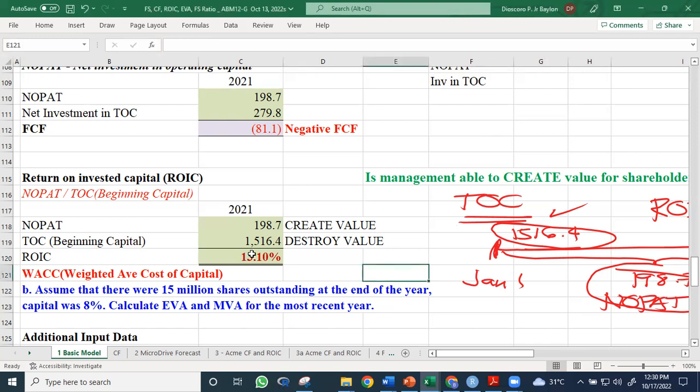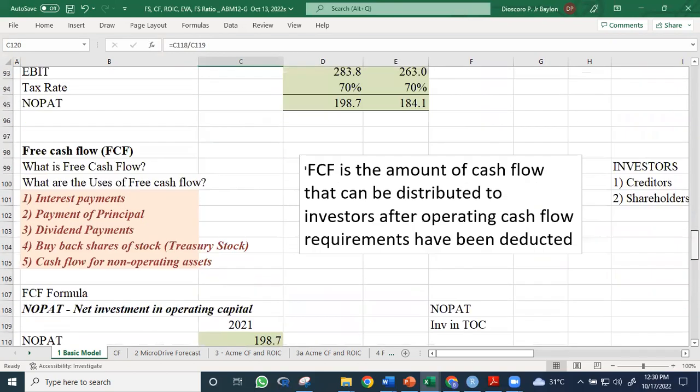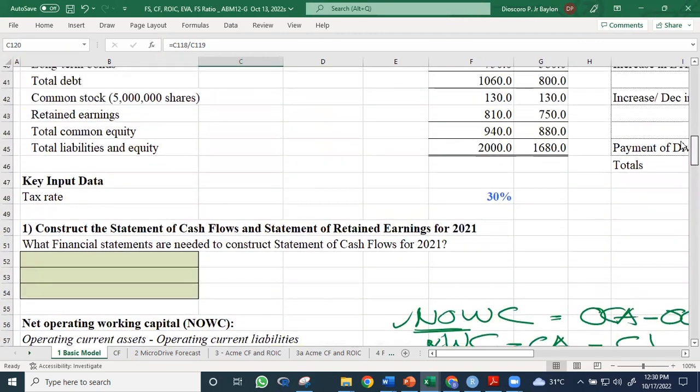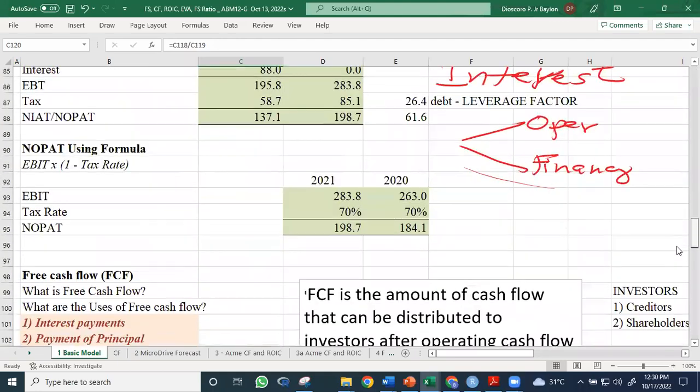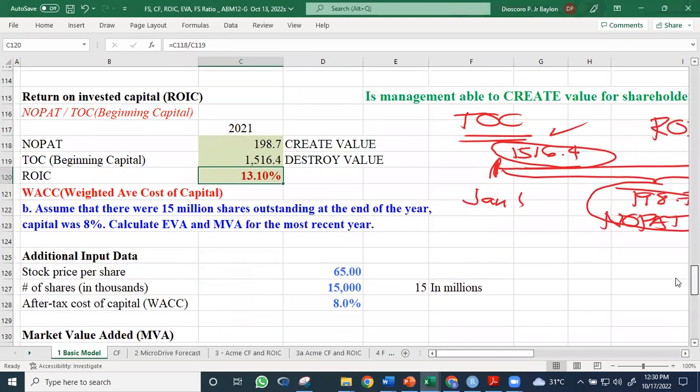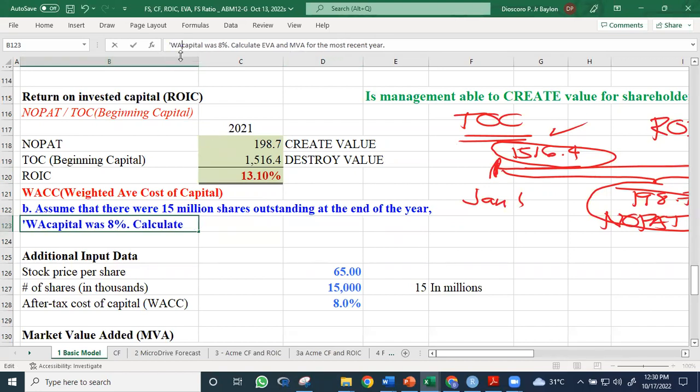So you will have to compare your ROIC with your weighted average cost of capital. Okay, and nabigay ko ba sa taas dito? Hindi ko nabigay sa taas dito, pero nabigay ko dito. Here, in the next sentence, nabigay dito that the weighted average cost of capital was 8%.